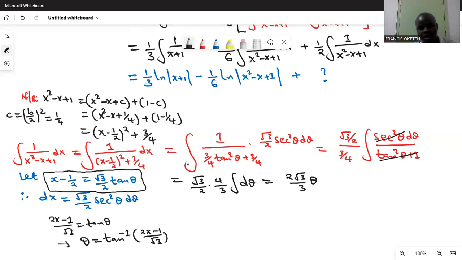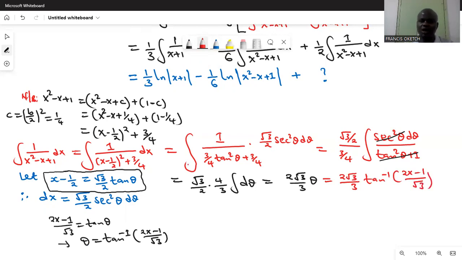So that our answer here will now become 2 root 3 over 3 times tan inverse of 2x minus 1 over root 3.